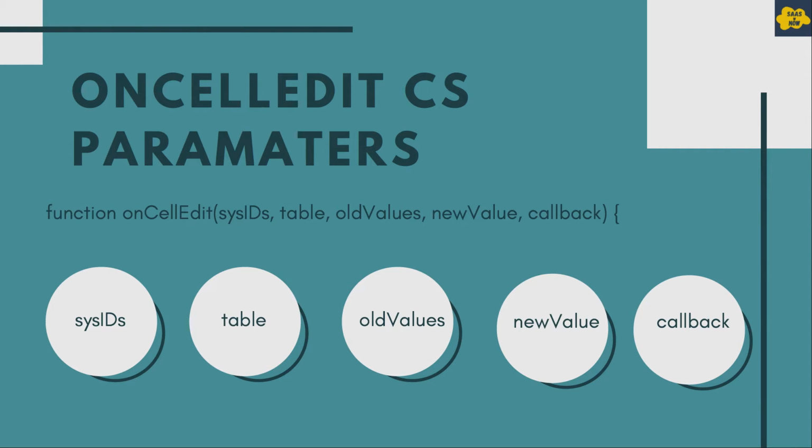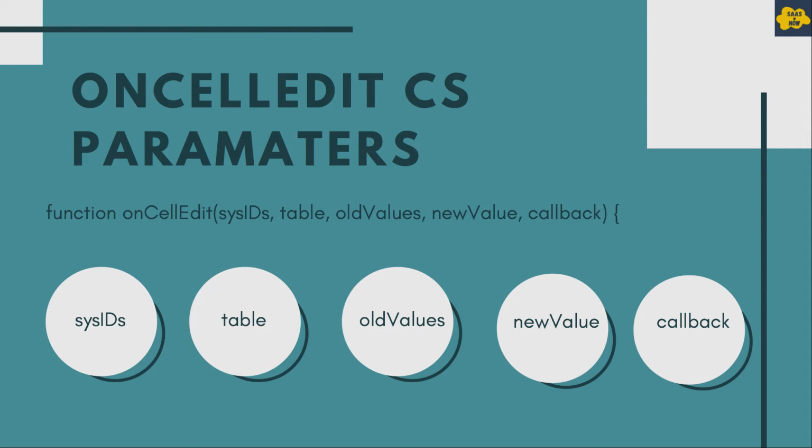The parameters we have are sysIDs, an array of sysIDs for all the items being edited in that list view. Then table, that is, the table of the items you are editing. Then we have oldValue, which stores the old value of the field that was populated before the change.